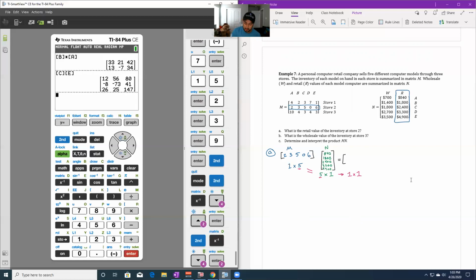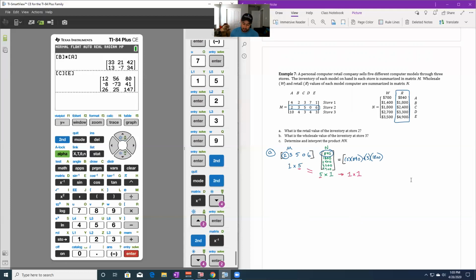So here's what we're gonna get. You're gonna have 2 times 840, and then plus 3 times 1,800. Keep everything in parentheses.